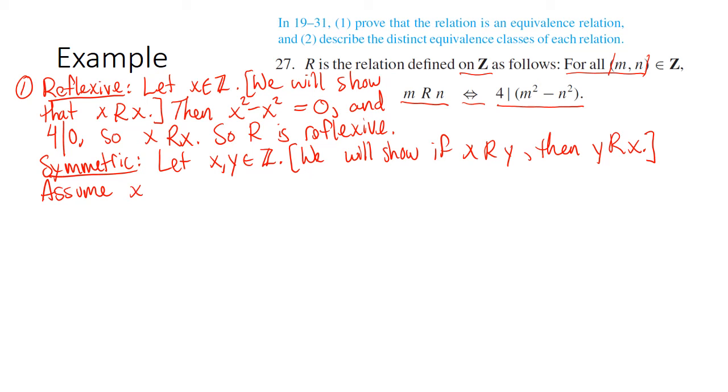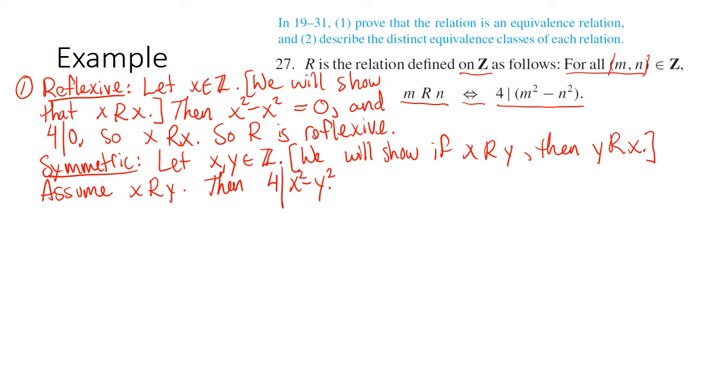Assume x is related by r to y. The definition of what I just wrote is the following: then 4 divides x squared minus y squared.